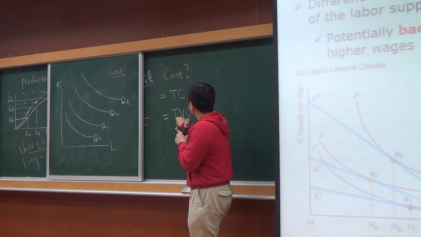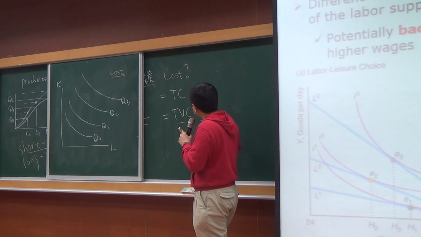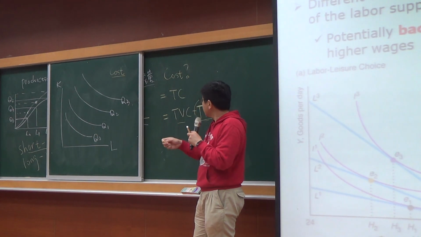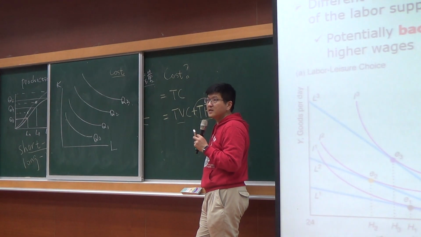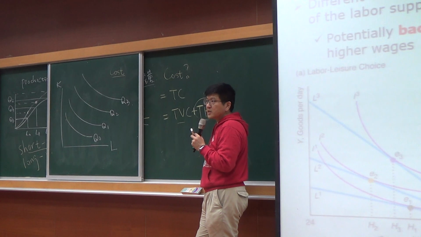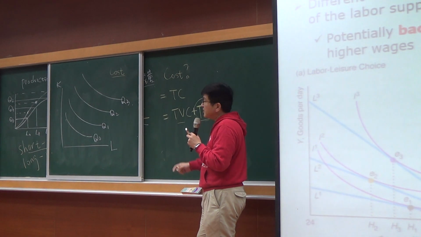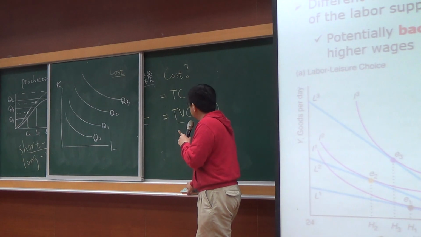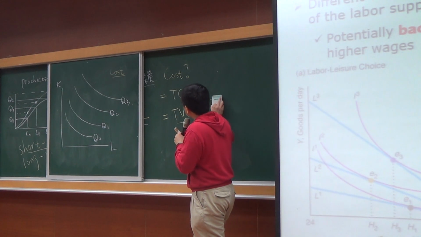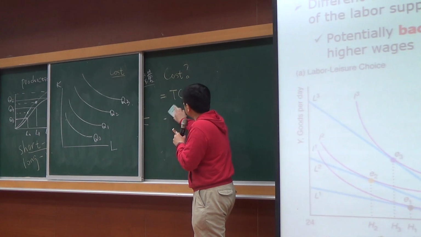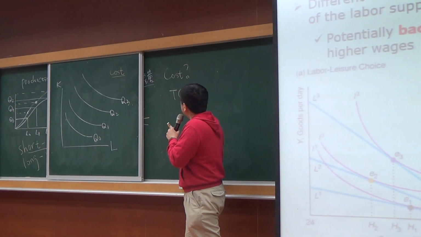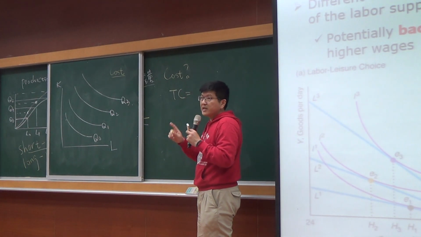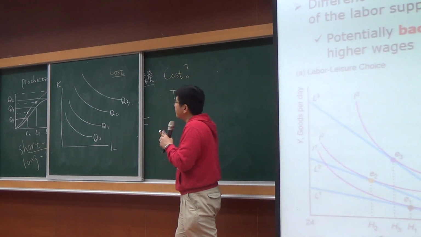In the short run. Because in the short run, some factor must be fixed, cannot change. So it's a short-run issue. However, if it is a long-run issue, then we will have no distinction between variable and fixed cost. It's just total cost.